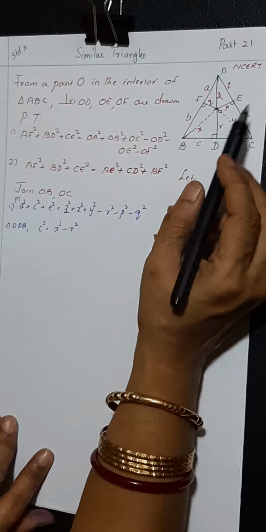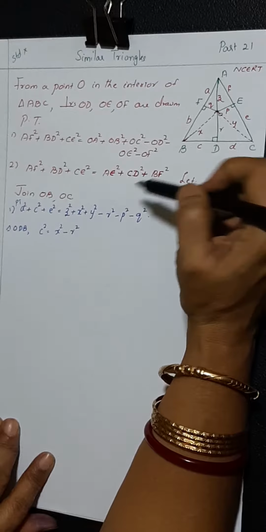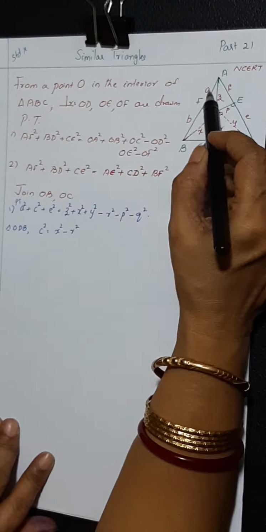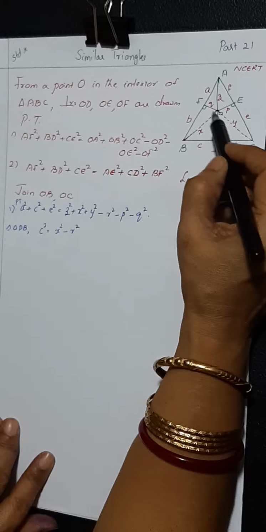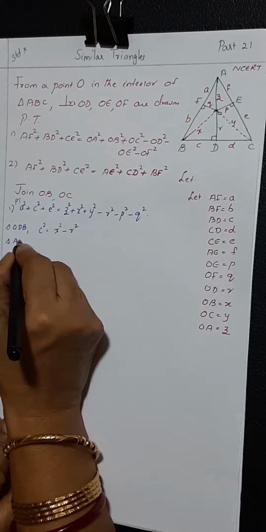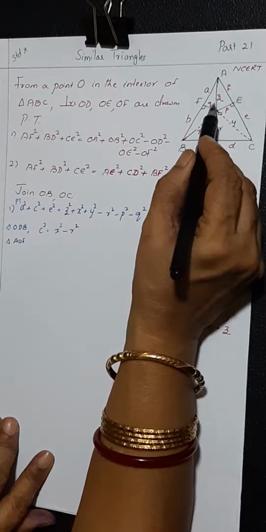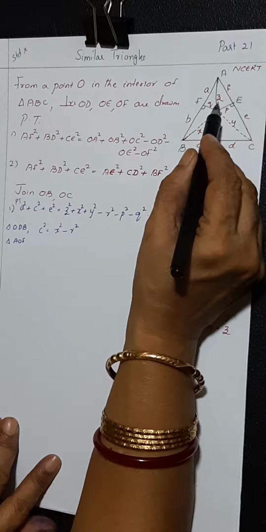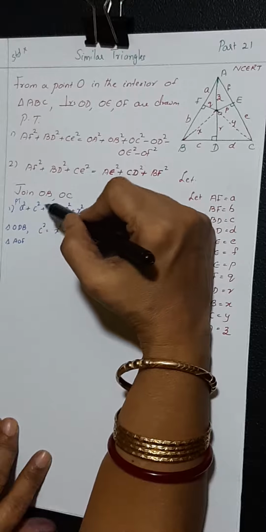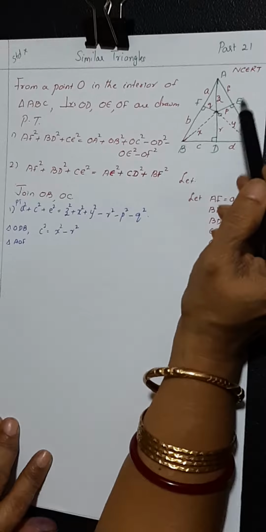Similarly, we can write OD. We need a squared and e squared. So, here we will take this triangle AOF. We need a, c and e.